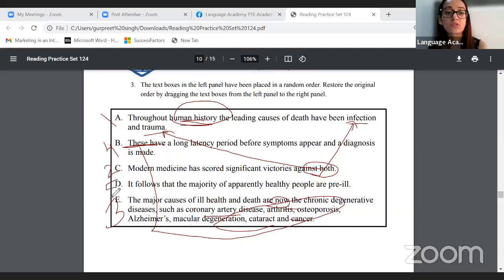It follows the majority of apparently healthy people are pre-ill, because you just said that it takes time before the symptoms appear and we can diagnose. So actually healthy looking people are not healthy, they are pre-ill already, but symptoms don't appear. So this B has to come first because of these. D sentence is also related to these diseases, but it doesn't have a direct reference like these.